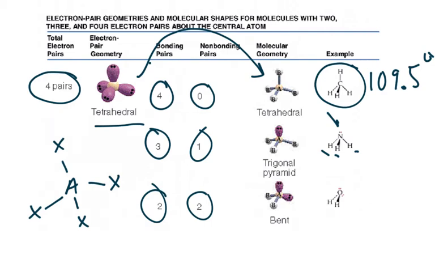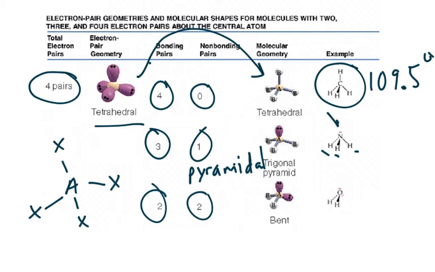So the name will not be called tetrahedral. This one has a new name. The molecular geometry is going to be called trigonal pyramid. Sometimes you might see the word pyramidal. So trigonal pyramid or pyramidal can be used to represent this one.